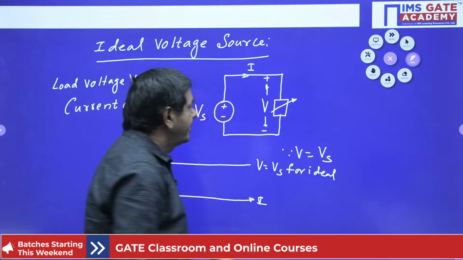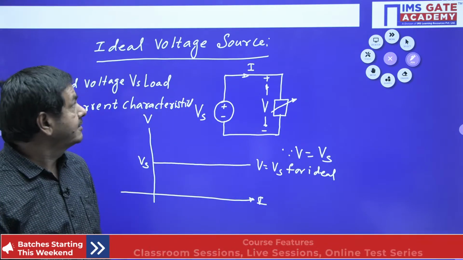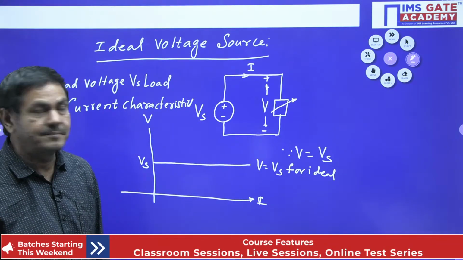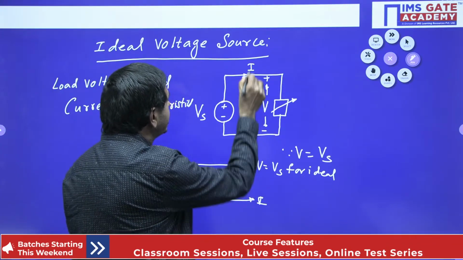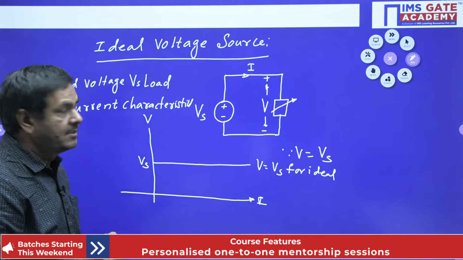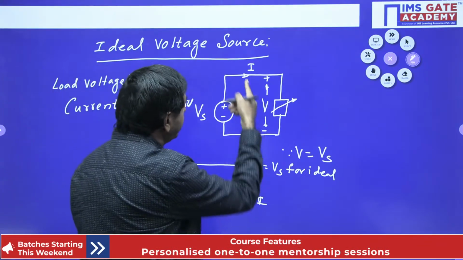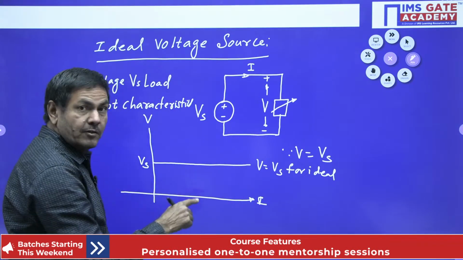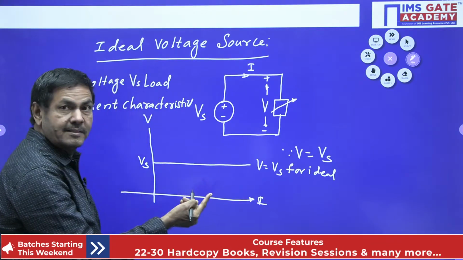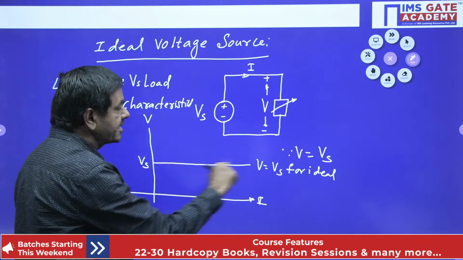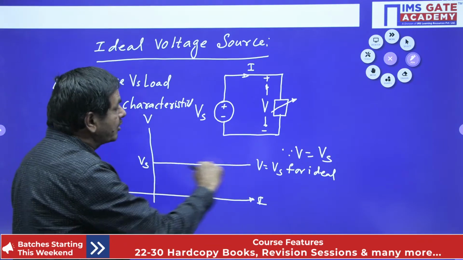Here what property do we need to understand from this diagram? Does this load voltage depend upon this current or not? It does not depend. Even if the current varies, we don't find the load voltage changing. That voltage is going to remain the same.